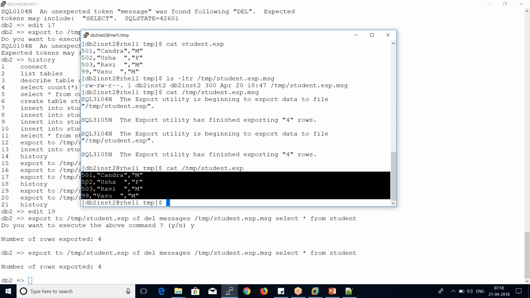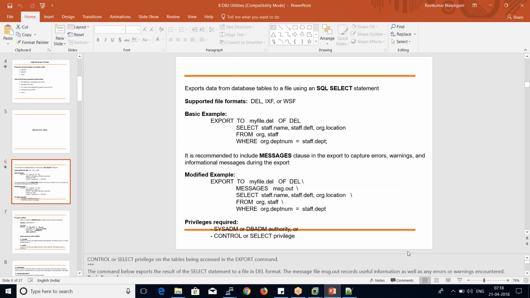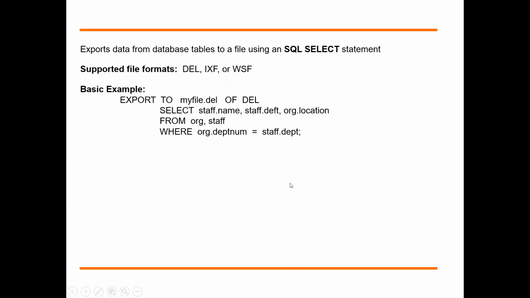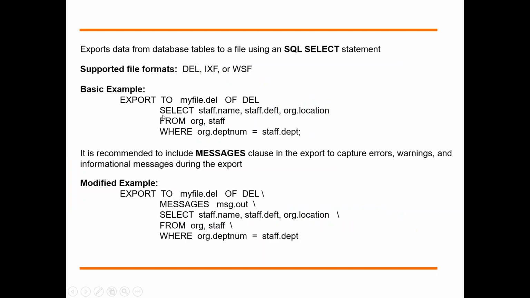First, in DB2, you have to replicate the DDL, then you have to get the data into it. Any questions on these two options of export? One is a basic one, another one is where we have just added messages.